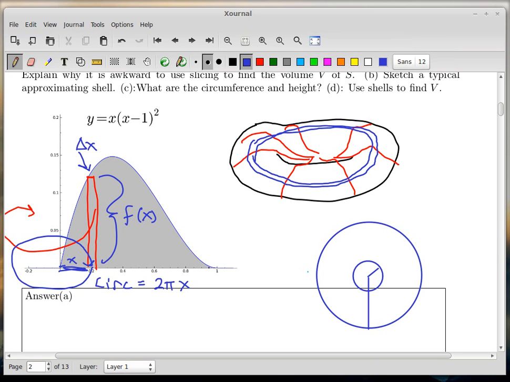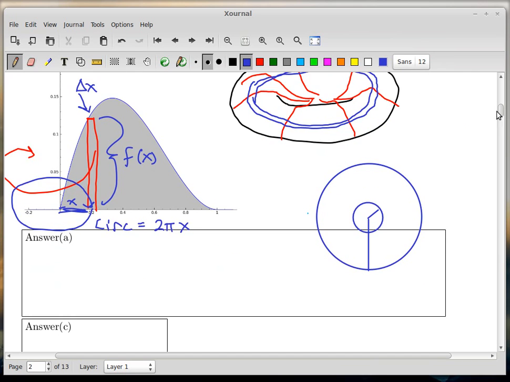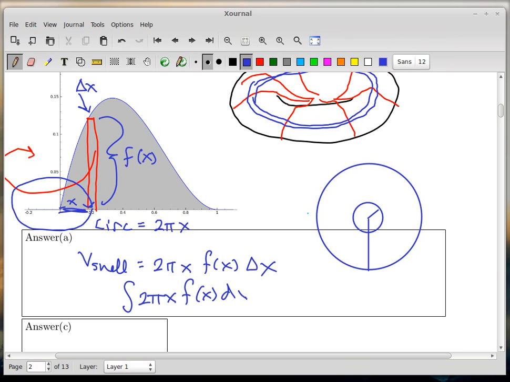That's just the formula for the circumference. And to get the volume of the shell, you just multiply all these things together. So the volume of this shell is going to be 2 pi x, f of x, delta x, and then you just sum all these up to get the true volume of the shape. So 2 pi x, f of x, dx.